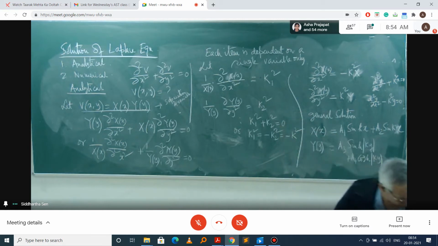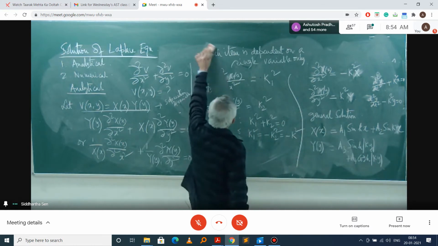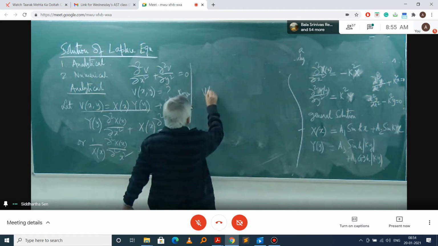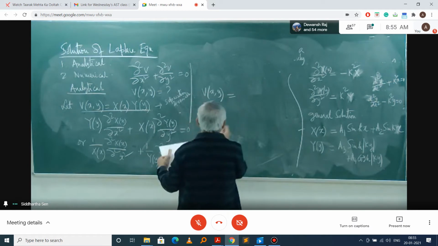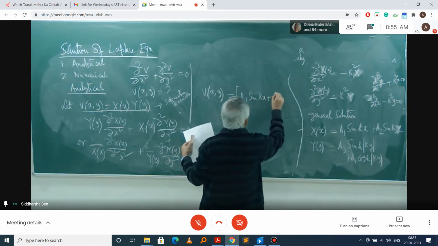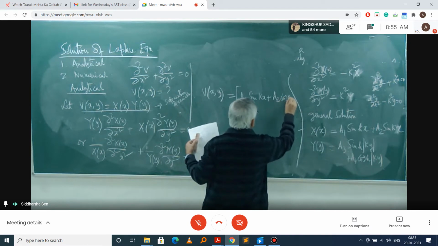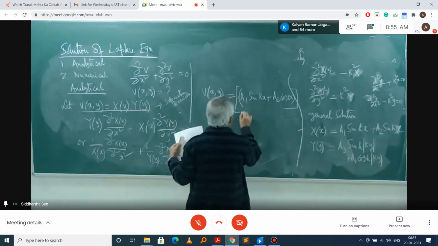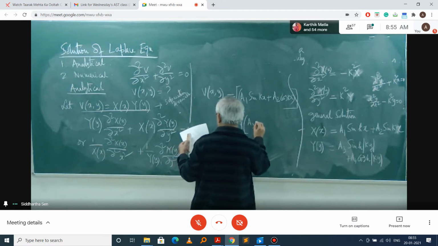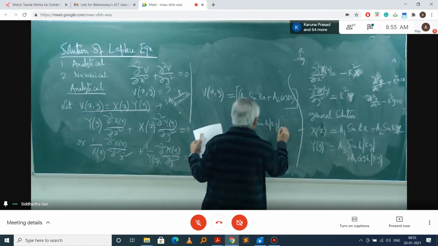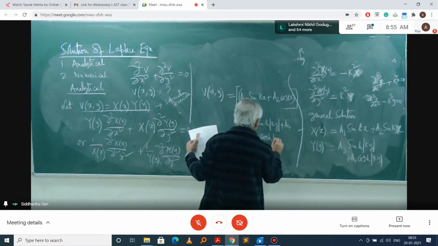So what we have is that the final solution is V of x, y equal to a1 sine of Kx plus a2 cosine of Kx, into a3 sine hyperbolic of mod of K y plus a4 cosine hyperbolic of mod of K y.